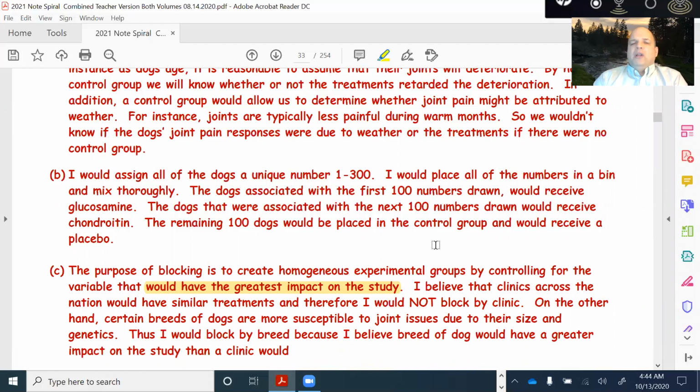So now I need to put it in context. So the question is, should I block on clinic or should I block on breed of dog? Well, when I think back to humans, I know that if I get sick and go to the hospital, regardless of the hospital, the protocol for treatment is going to be pretty much the same. All right, and I'm going to think that it's going to be the same for animals as well.